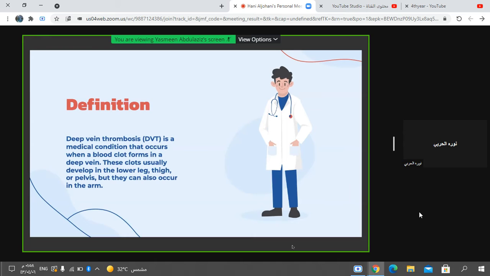These clots usually occur in the lower limb, but can also affect the arm.